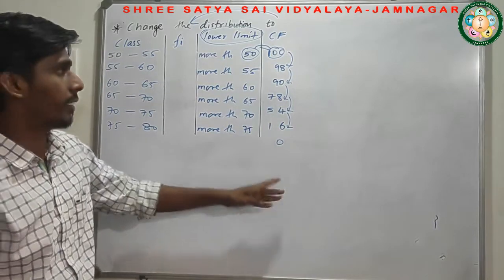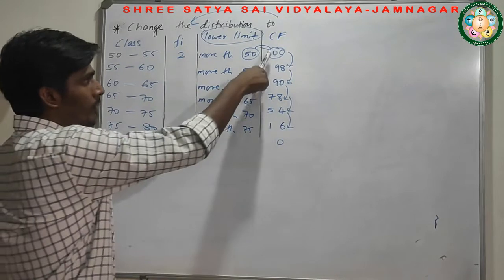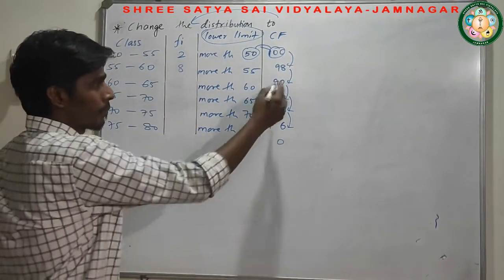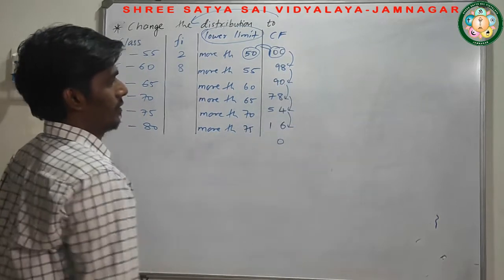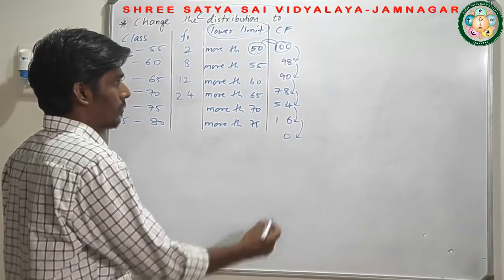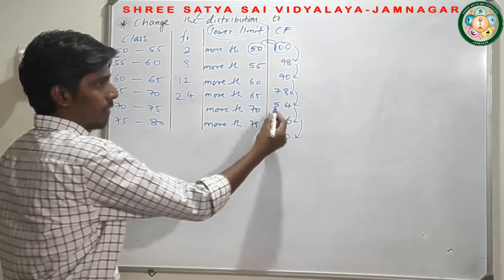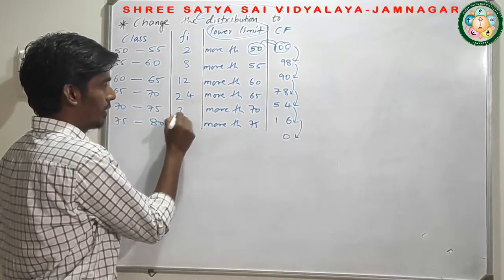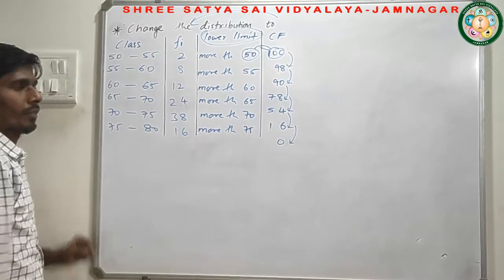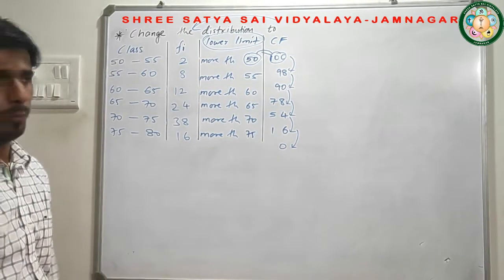So 100 minus 98 is 2, our first frequency. 98 minus 90 is 8, the second frequency. Then 90 minus 78 is 12, 78 minus 54 is 24, 54 minus 16 is 38, and 16 minus 0 is 16. So we got our Fi. This is the way we get frequency from given CF for more than.